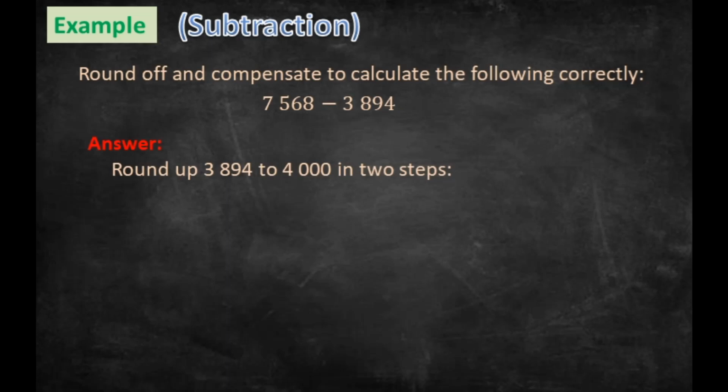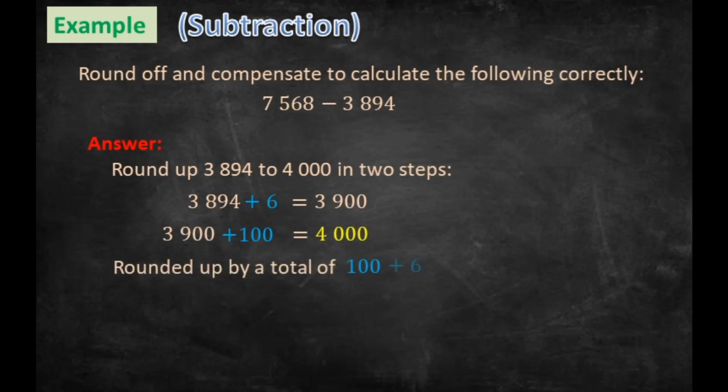We first round to the nearest 100. So 3,894 plus 6 will give us 3,900. Now we round to the nearest 1,000. We add 100 to get 4,000. So the total by which we rounded up is 100 plus 6, which is 106.